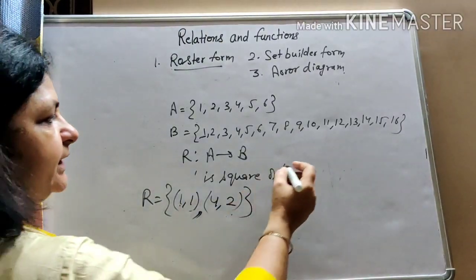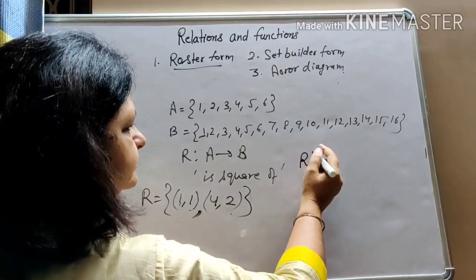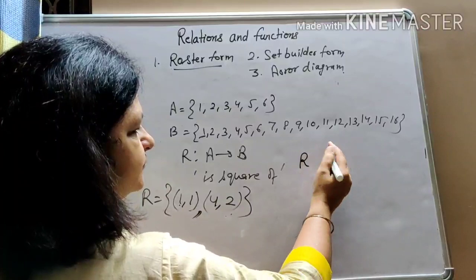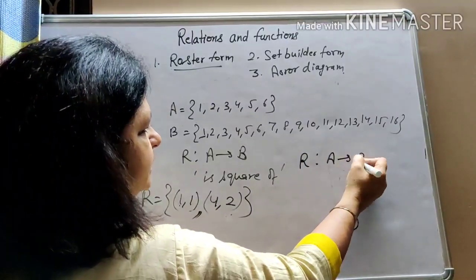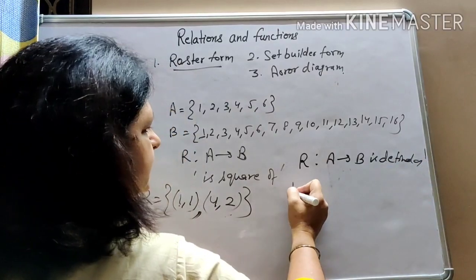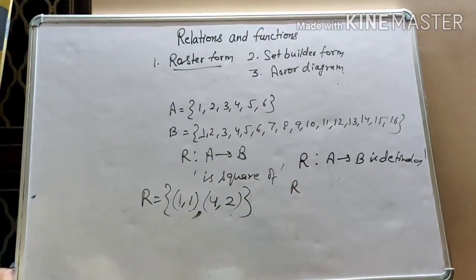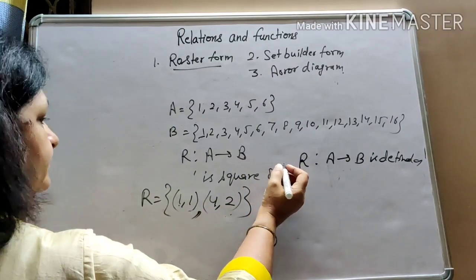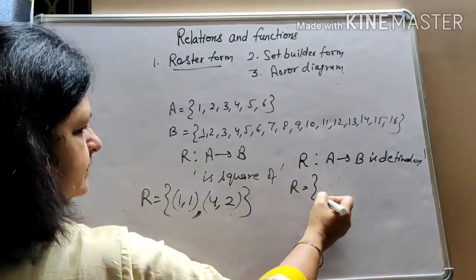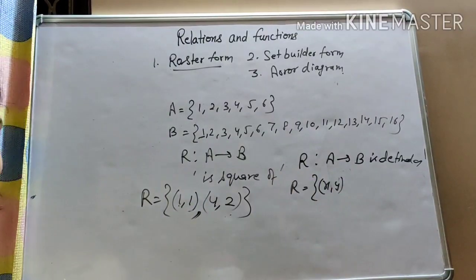And if I am writing this relation as R from A to B is defined as R, because relation is in the form of x comma y.